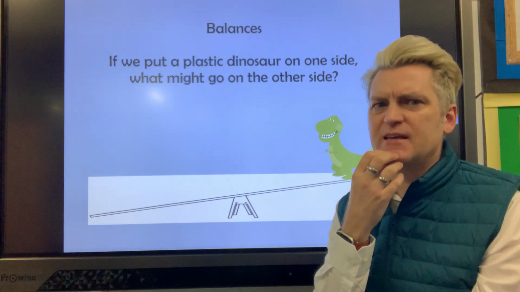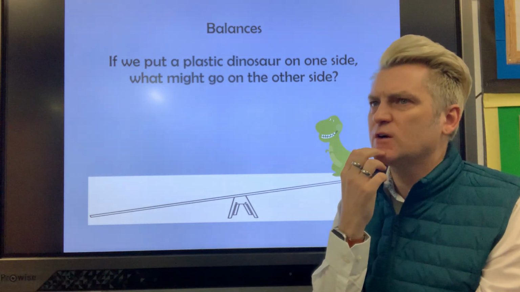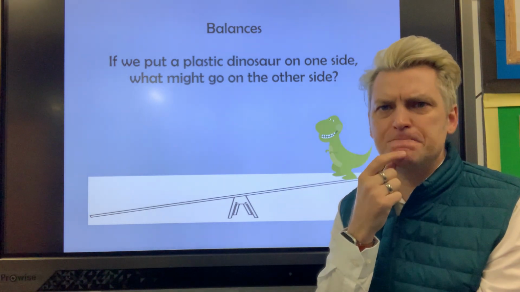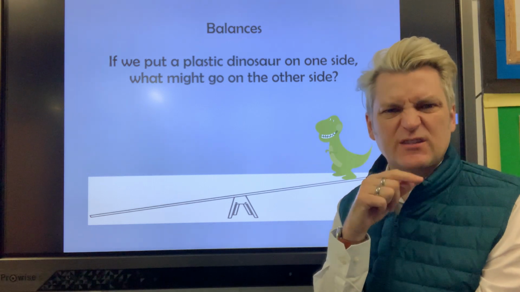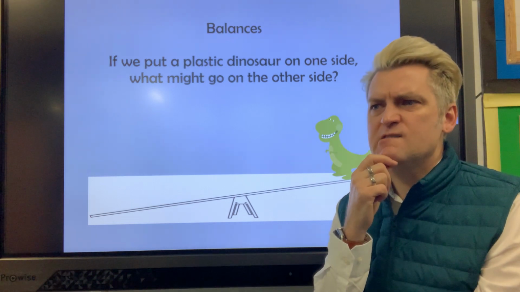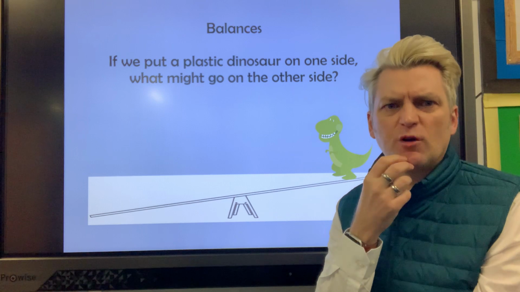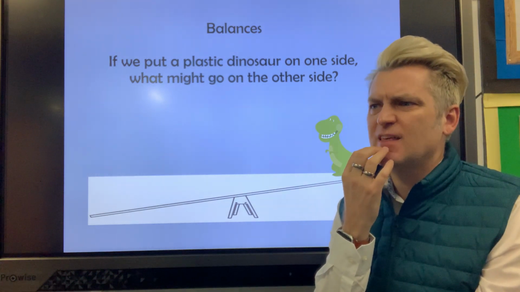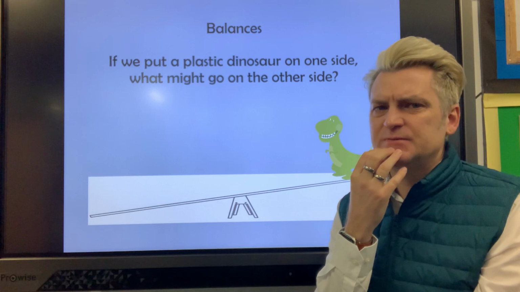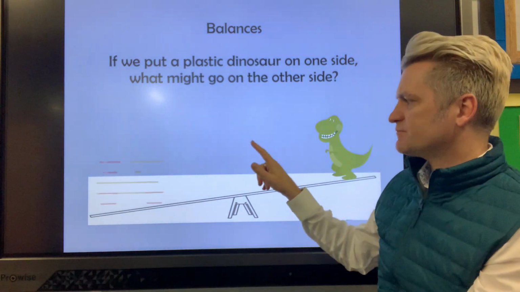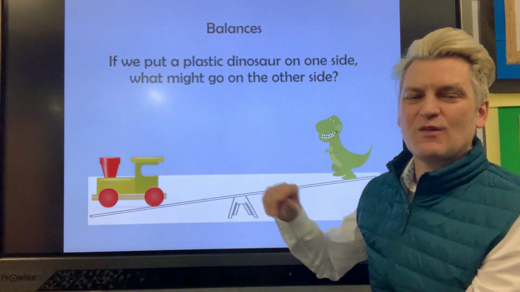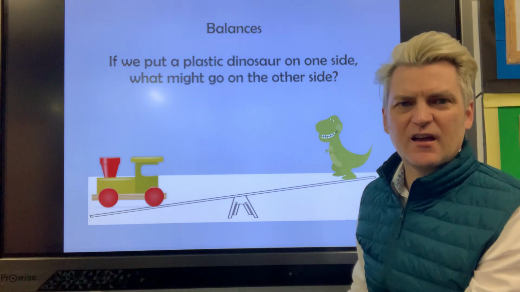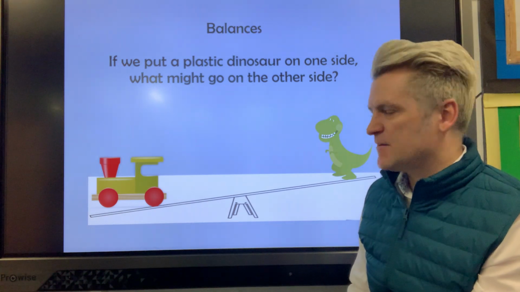I think they're a bit heavier than the toy dinosaur. What else? Can you think of something? Shout it out if you know. Maybe one of the toy drums that we've got in the classroom. They're quite heavy, aren't they? Anything else? Let's have a look. We've got one of the toy trains, because they're quite heavy sometimes, aren't they?